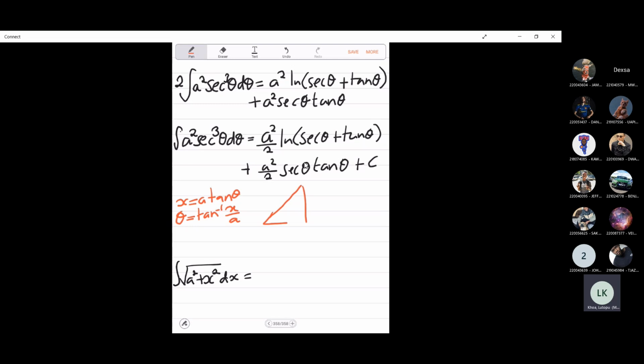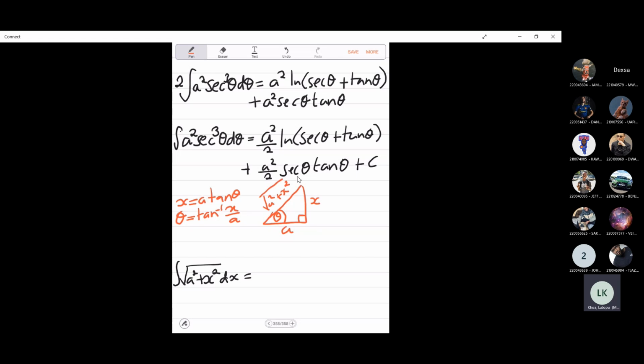So this is our right angle triangle. Theta goes over here. And from this, you can see that tan theta is x over a. So it is opposite over the adjacent. And this is a squared plus x squared.